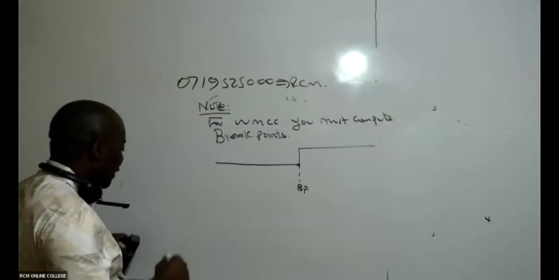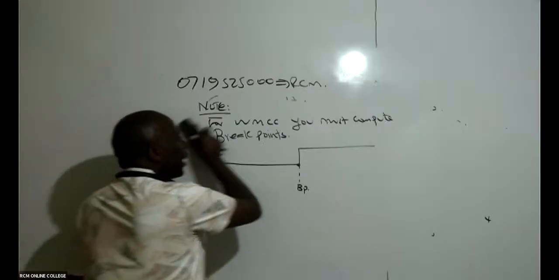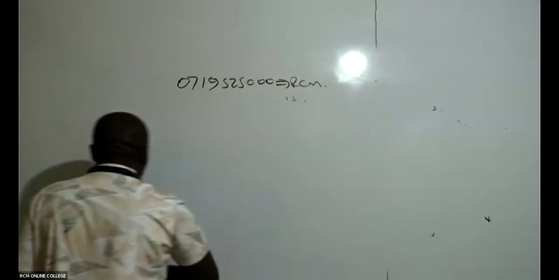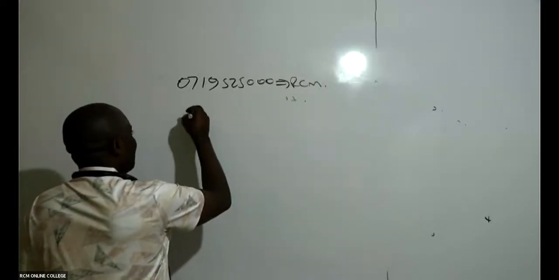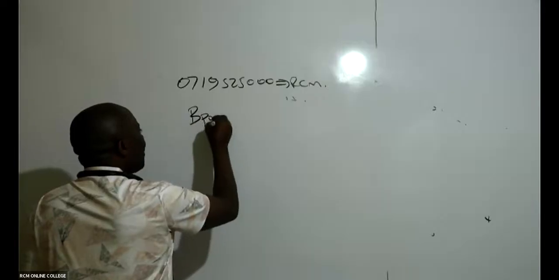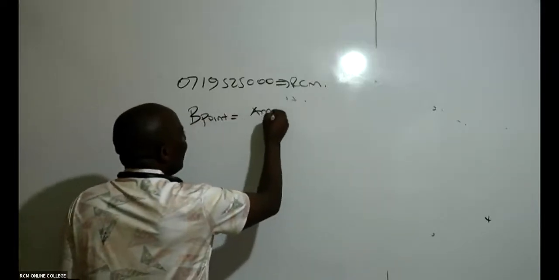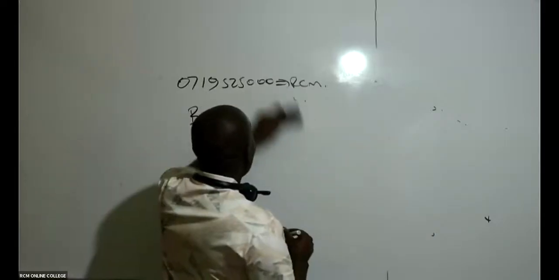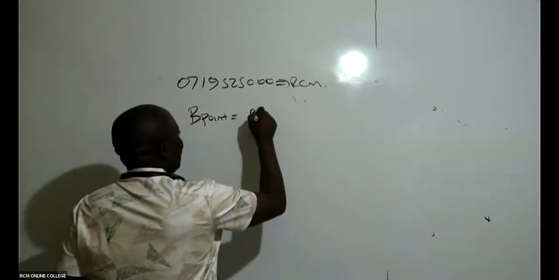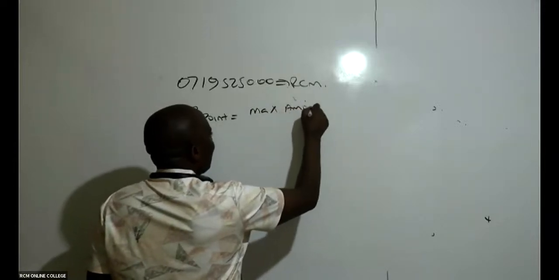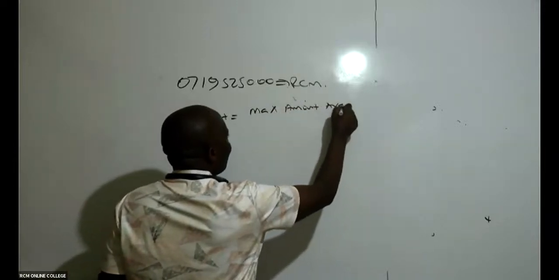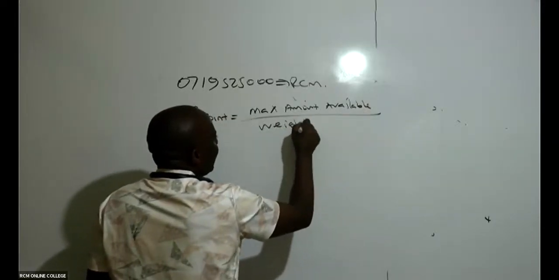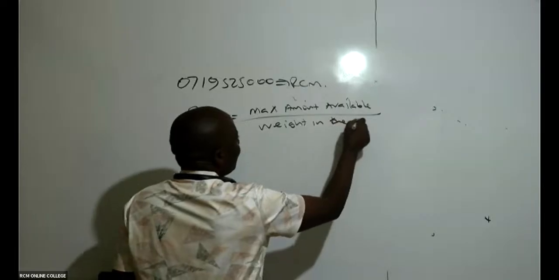And how do we get these breakpoints? This is how we normally get our breakpoints. Very easy. We normally take the maximum amount available over the weight in the capital structure.